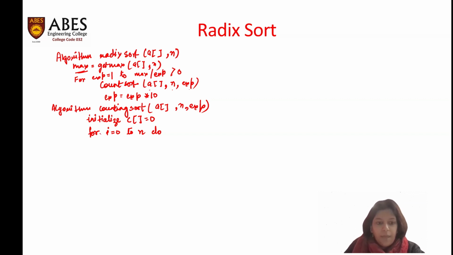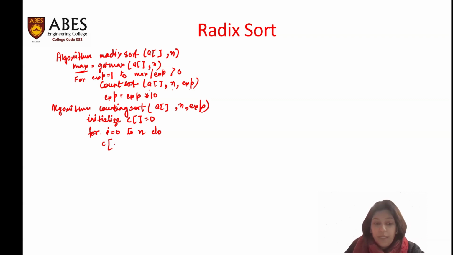We have to increment the counting array, right? So earlier what we did, we incremented the counting array by making the index of the counting array as A[i]. You remember it? We had incremented C[A[i]], right?